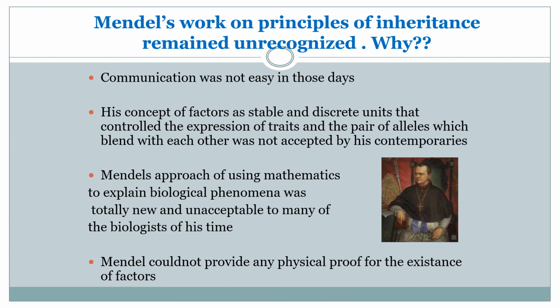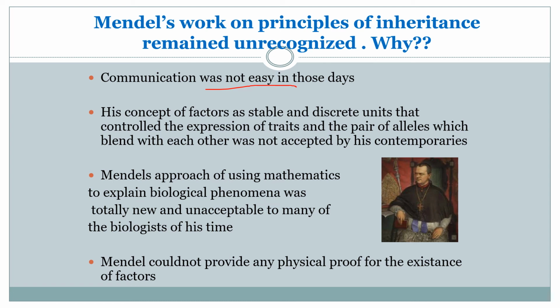Now, let us go for the topic why Mendel's work on principles of inheritance remained unrecognized. What is the reason behind this? The first reason was the communication problem. It was not easy in those days. Second, Mendel explained the concept of factors and he told that the factors are stable and they are discrete units and the factor controls the expression.